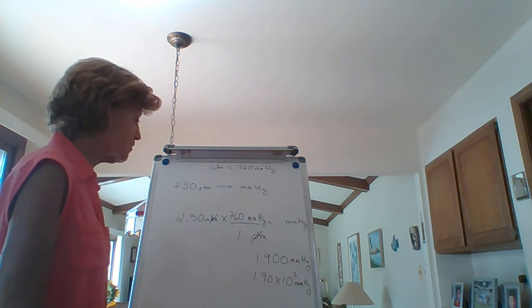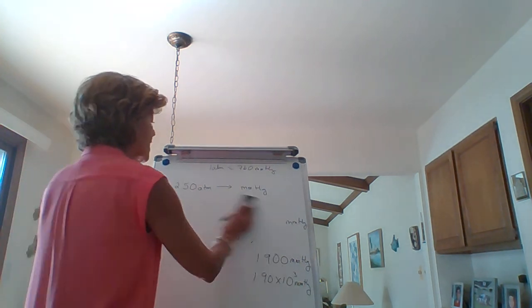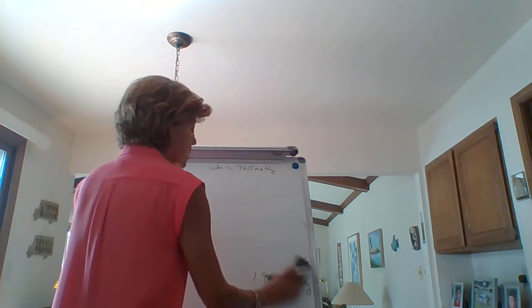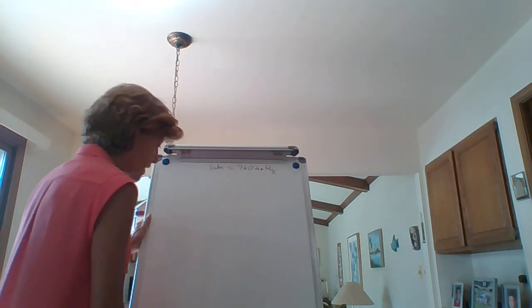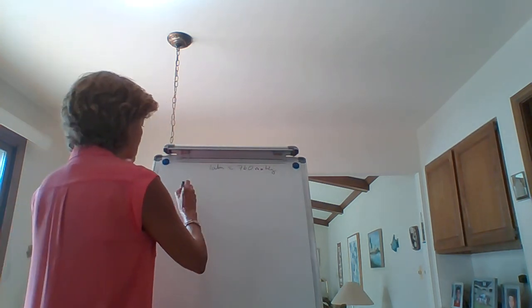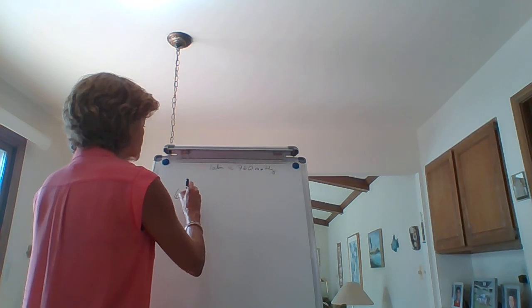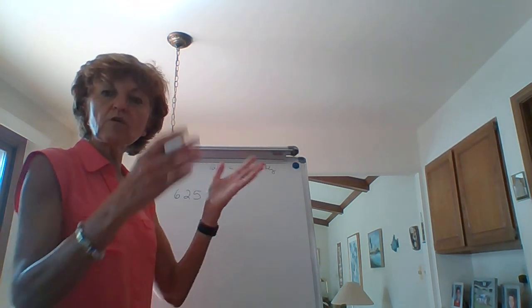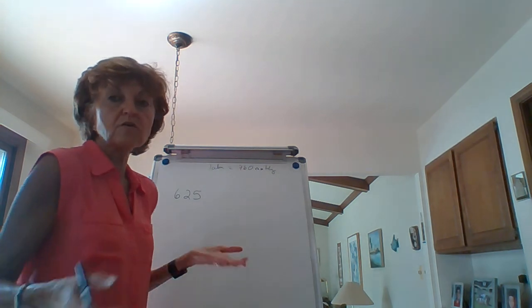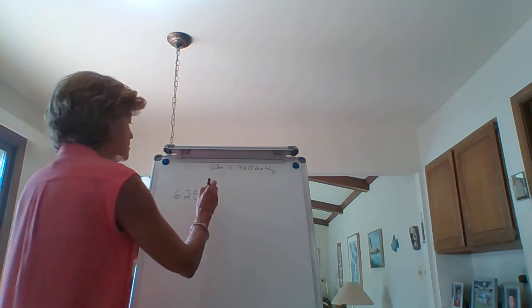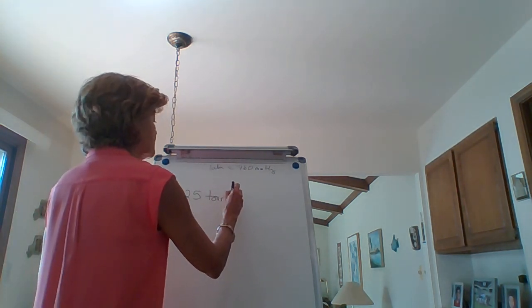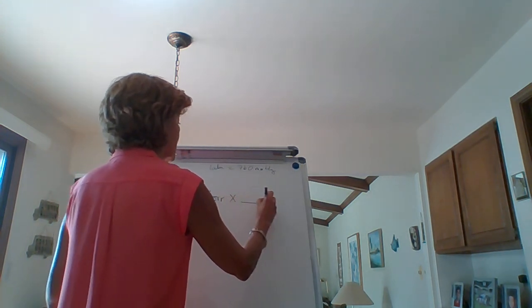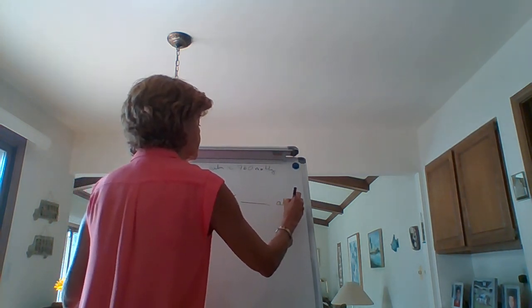Let's try another problem. Let's say you had millimeters of mercury and you wanted to figure out what the atmospheres are. So let's say you have 625, you know what, instead of millimeters of mercury, I'm just going to write torr, because torr is the same as millimeters of mercury. And you want to convert that to atmospheres.